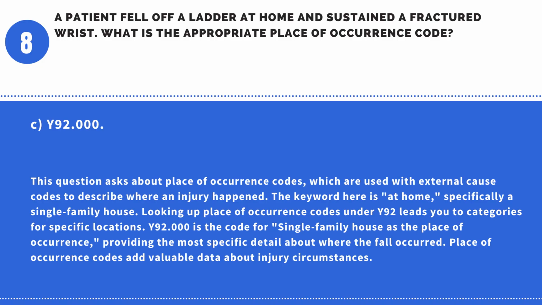V03.10 refers to pedestrian on foot injured in collision with car, pickup truck or van, initial encounter. External cause codes require a seventh character, A is used for the initial encounter for the injury. These codes provide crucial data on how injuries happen.